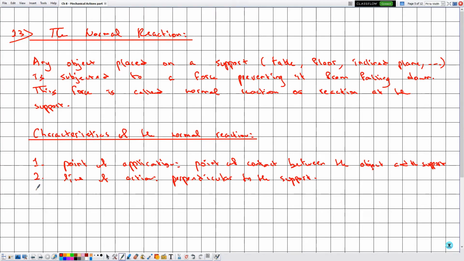Now as for idea number 3, which is the direction, the direction may be upward, downward, to the left, to the right, etc. And this depends on the problem itself.